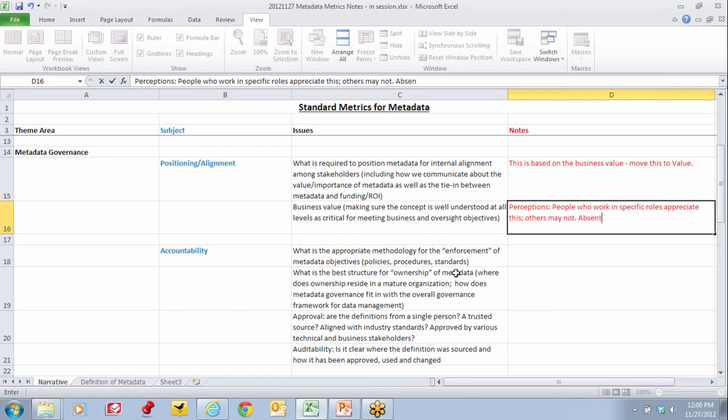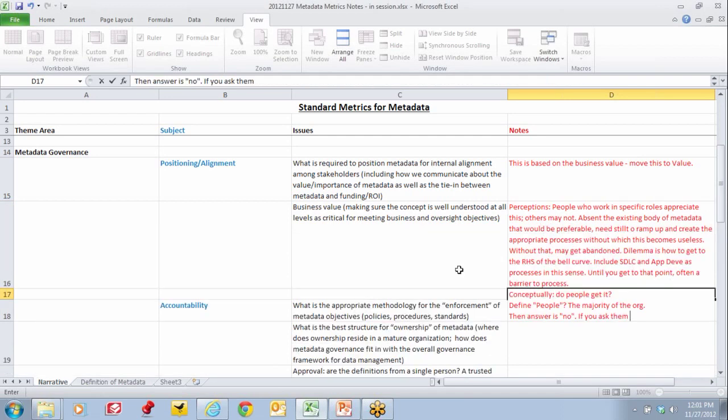We're on the left-hand side of the bell curve, where we've got to ramp up and create the majority of the metadata that we need and instantiate the associated processes to keep it current and relevant, without which it becomes useless, or worse, misleading and it's a source of error and therefore gets abandoned.